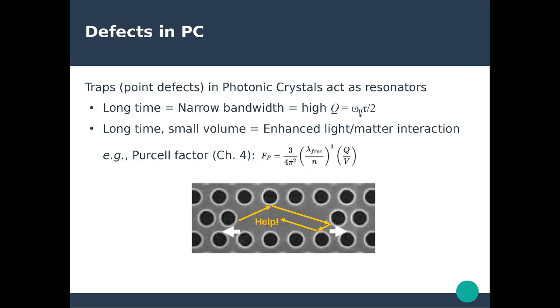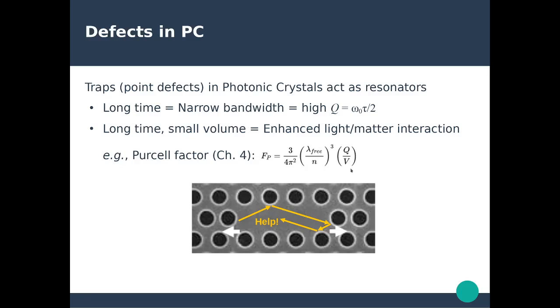If you have a long time, you have a high Q factor for the cavity, and if you have a small volume in which this light is being trapped, then you're going to drastically enhance the light-matter interaction. This is well illustrated by the Purcell factor we've seen in chapter 4, which depends on the wavelength of light you're using in the medium, and on the quality factor of the resonant cavity, as well as the volume of the cavity.